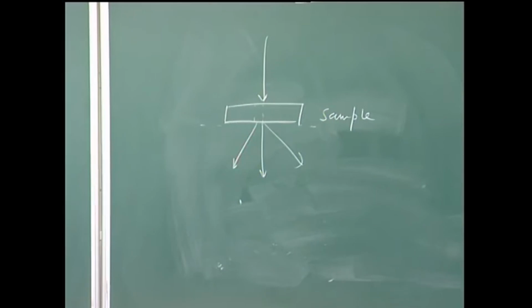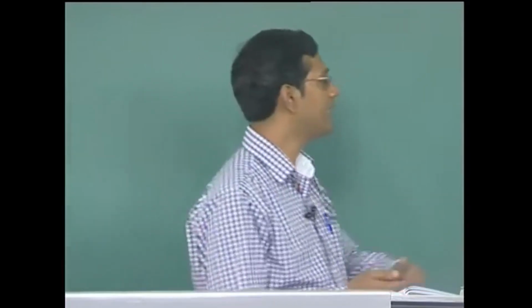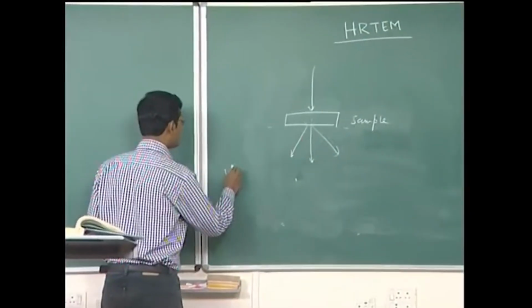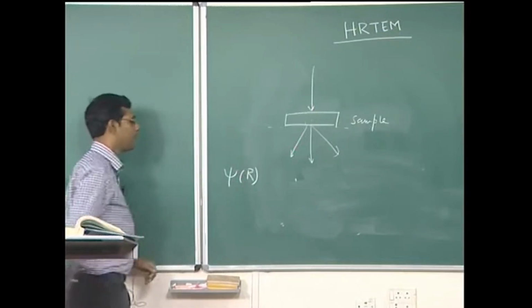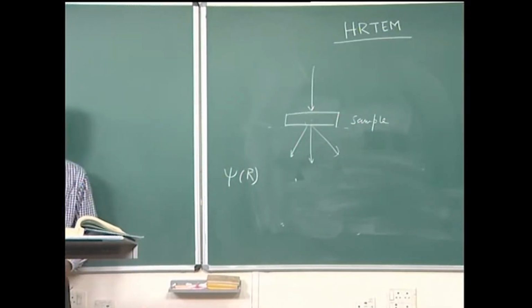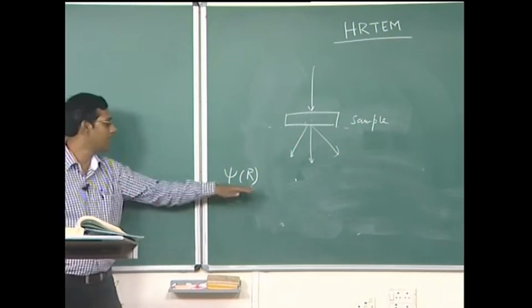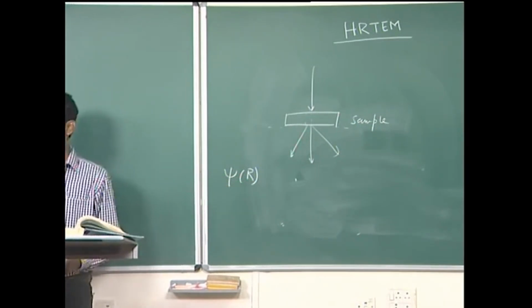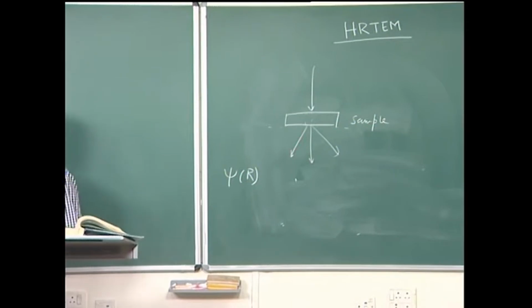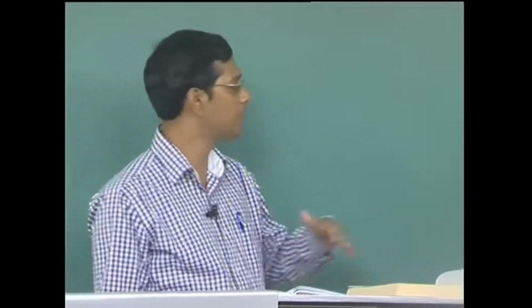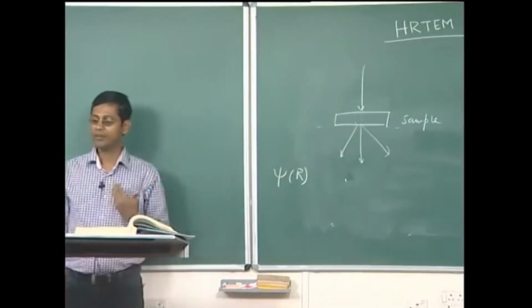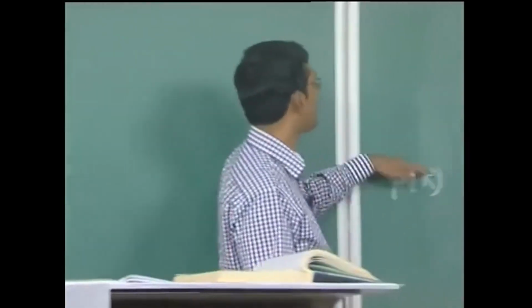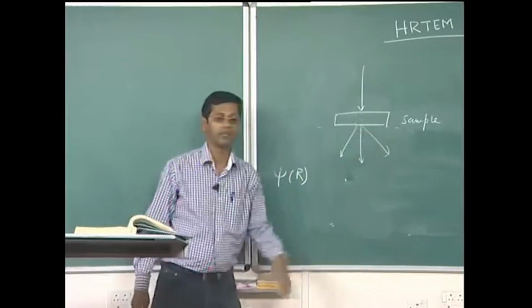Knowing this, if I think of the electron wave function at the exit plane as given by this, we can always write this, where r is the exit plane and psi is the electron wave function. With this consideration, we can think of the wave function as a planar source of spherical waves, Huygens type, here at the exit plane.